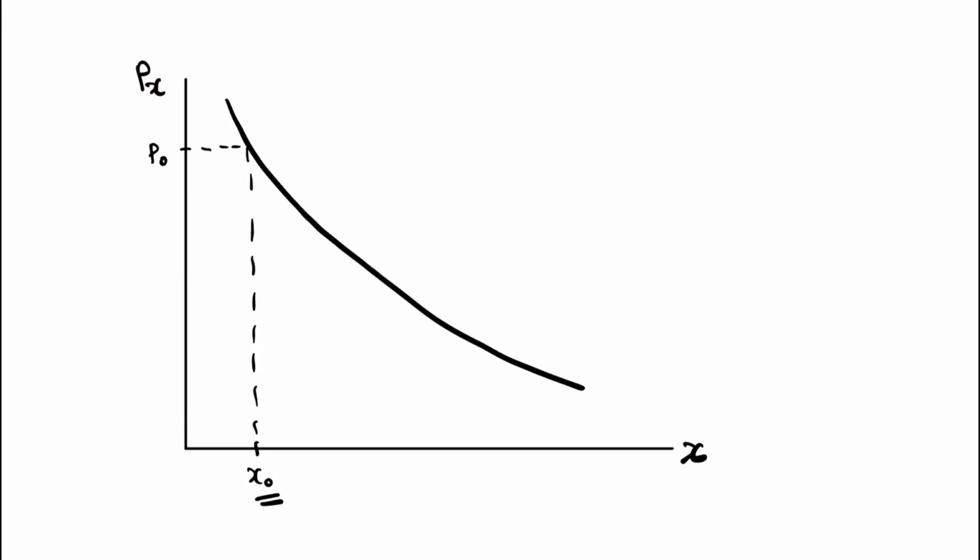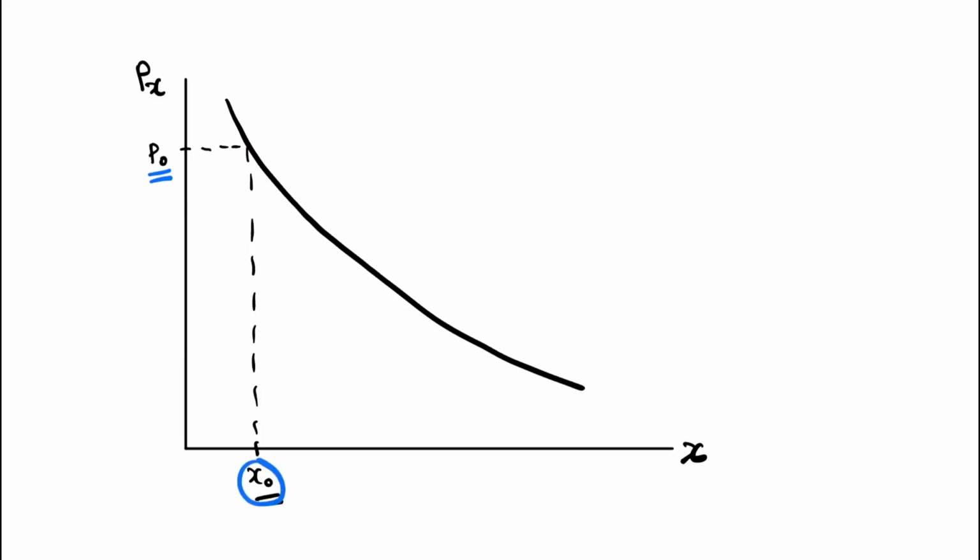Okay, so according to this demand curve, and given that this demand curve reflects the individual's utility maximization point, as long as the price of good X is equal to P0, I'm going to buy it, because even given that price, my utility is going to be maximized at X0.